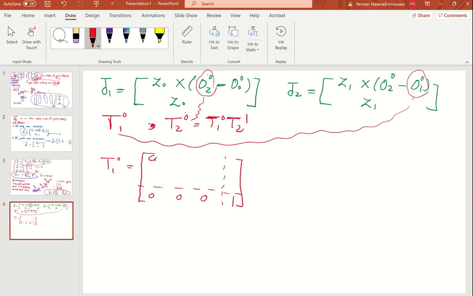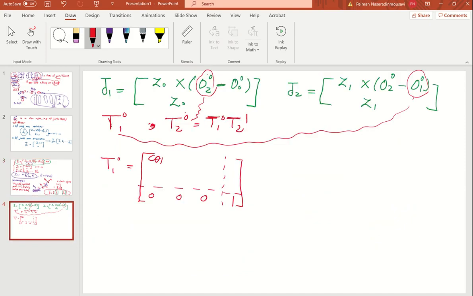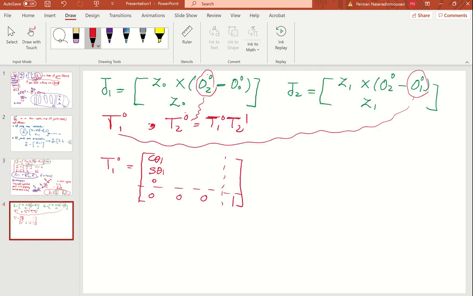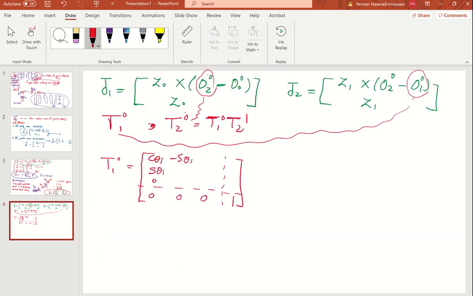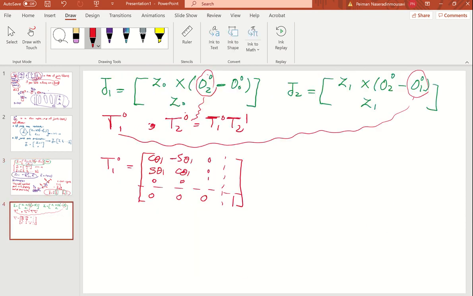I'm doing it with you one by one. Cosine theta 1. x1 with respect to y0 is going to be sine theta 1. And there's no component of that here. Now y1 with respect to x0 is going to be minus sine theta 1. On the other hand, you transfer it here, that's right, minus. So it's going to be cosine theta 1 and 0. And both z1 and z0 are parallel, so you're going to have 0, 0, 1.